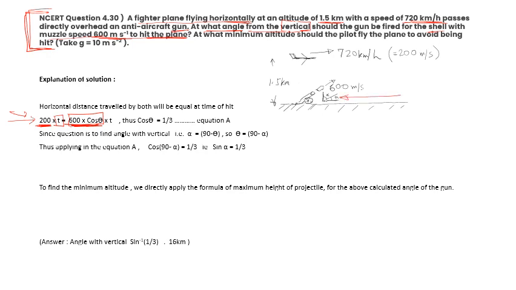If the shell is fired at 600 meters per second, naturally the horizontal component of that speed will be 600 into cos theta. And this will be constant because there is no acceleration acting on the horizontal component. Hence, this speed will be constant.